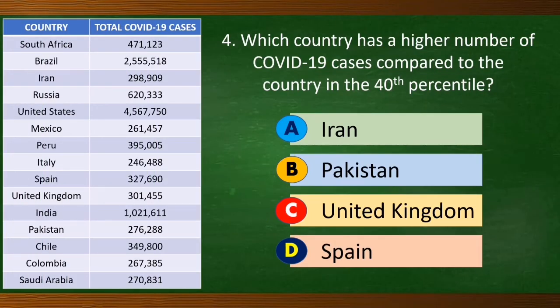Item number 4. Which country has a higher number of COVID-19 cases compared to the country in the 40th percentile? What is your answer? Great! The answer is letter C, United Kingdom.